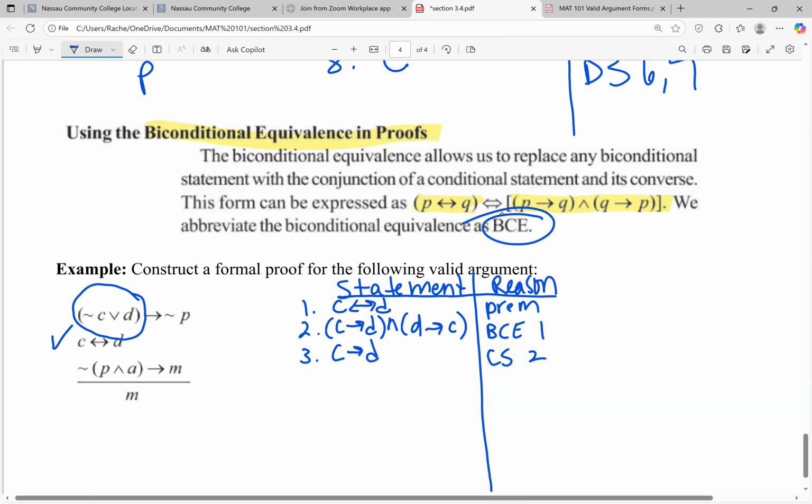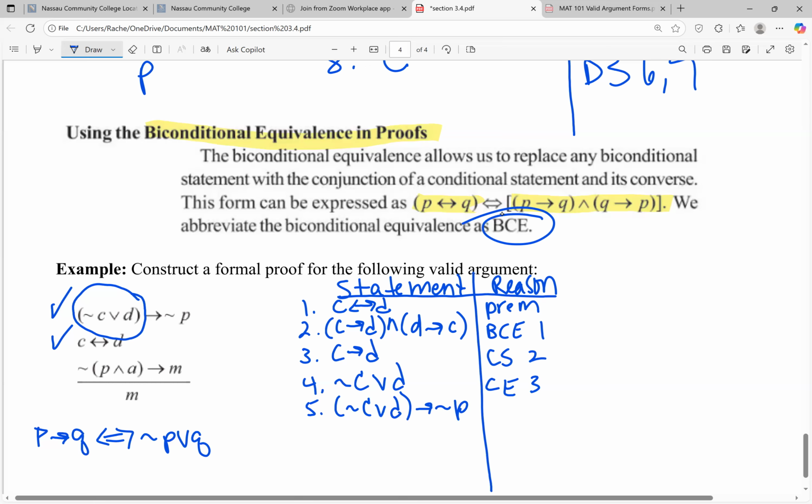So again, reminder, P implies Q is equivalent to not P or Q. So if I have C implies D, that's equivalent to not C or D by my conditional equivalence on statement 3. And that happens to be the left-hand side of that first premise. So I'm going to state the first premise. So we have not C or D implies not P.